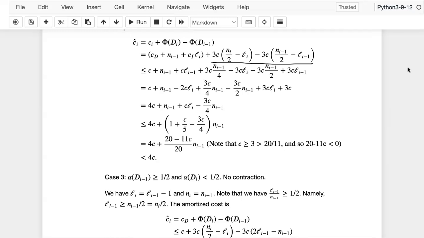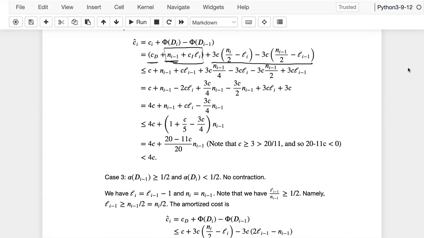And now this time we have the cost of the contraction. First of all, we have the cost C sub D because we have to identify the item to delete, given the key, so we have to find it. And then we have to move things over, so this part is the same. We have to search the entire list to find out which keys are not tombstones so that we need to move them over.